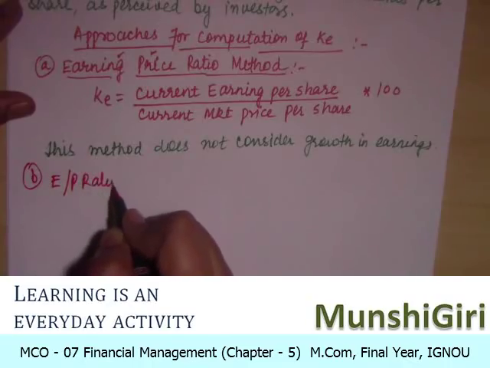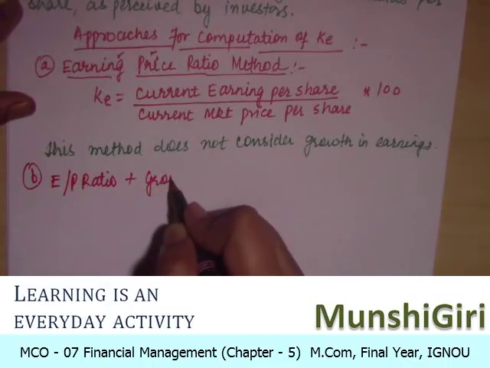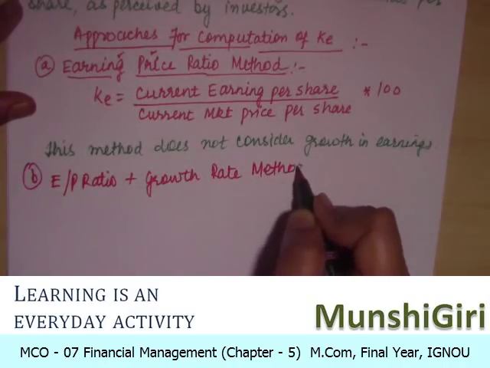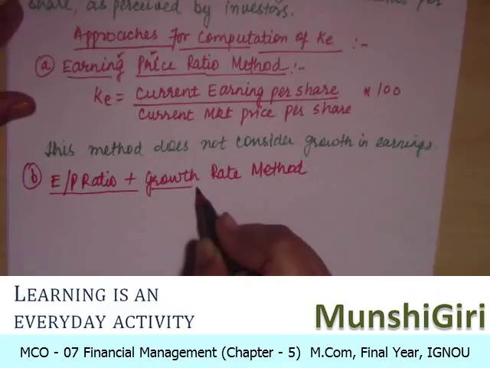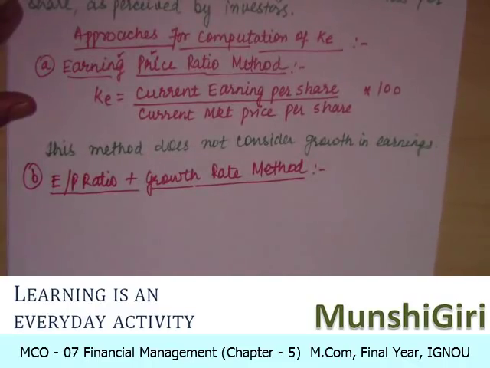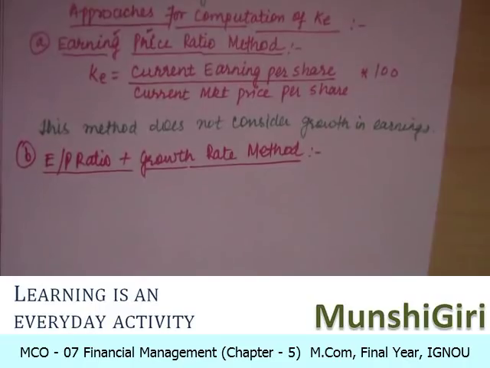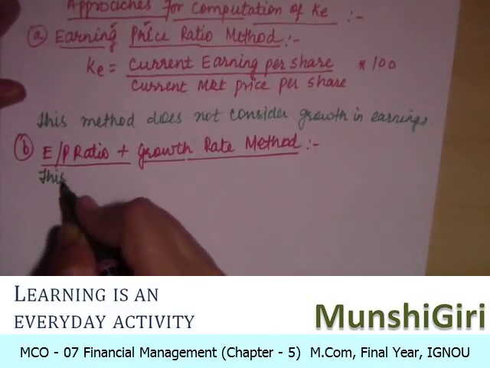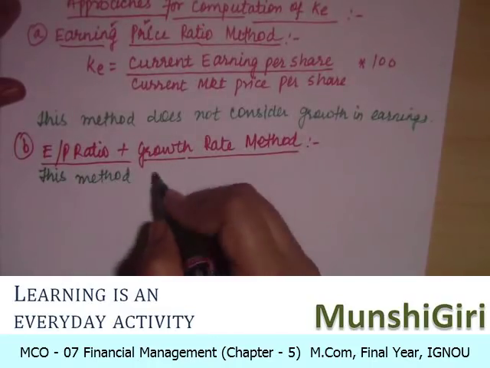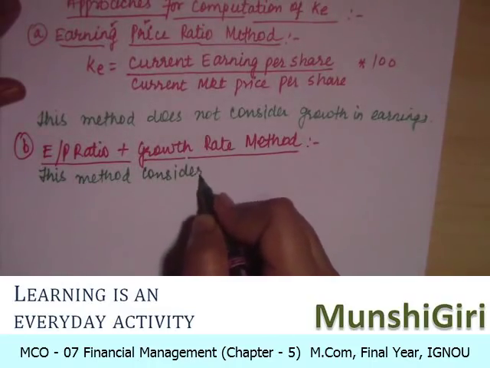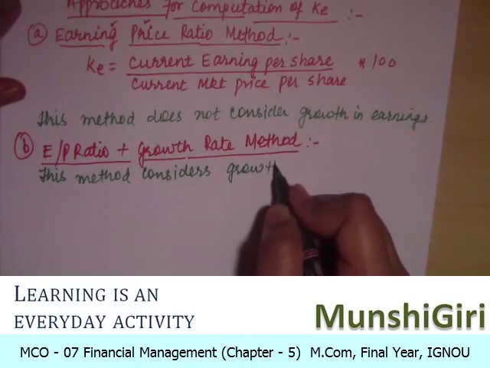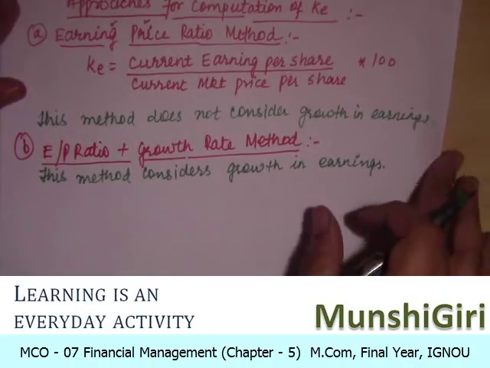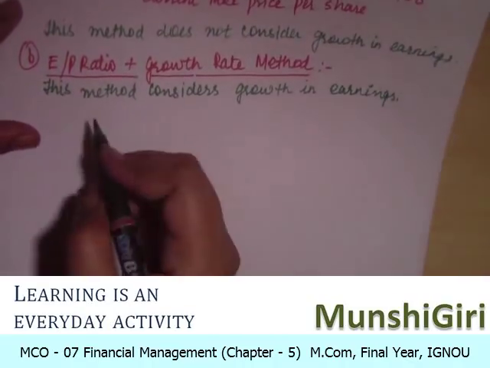Now this method considers growth in earnings. A period of 3 years is usually taken into account for growth.